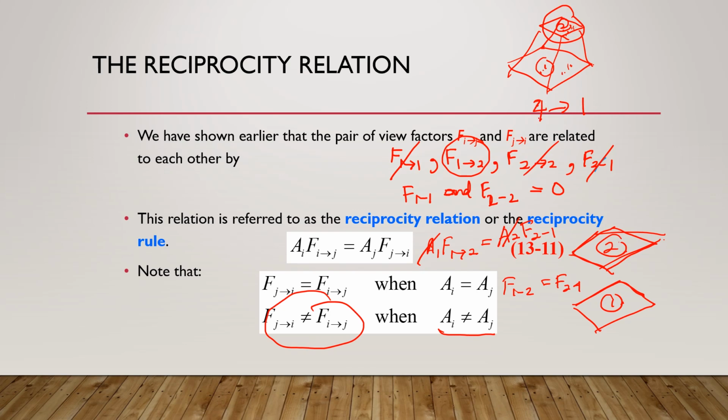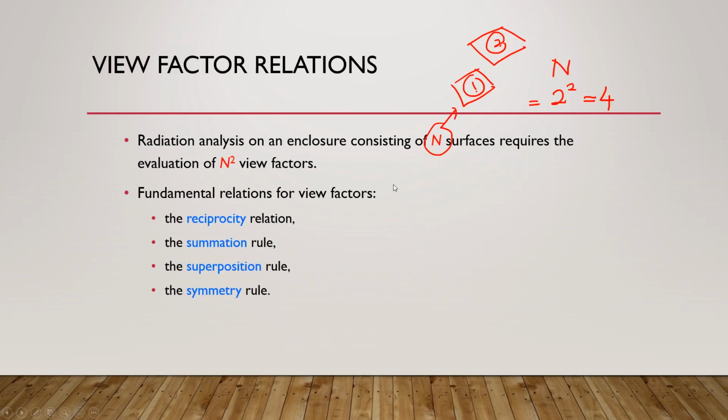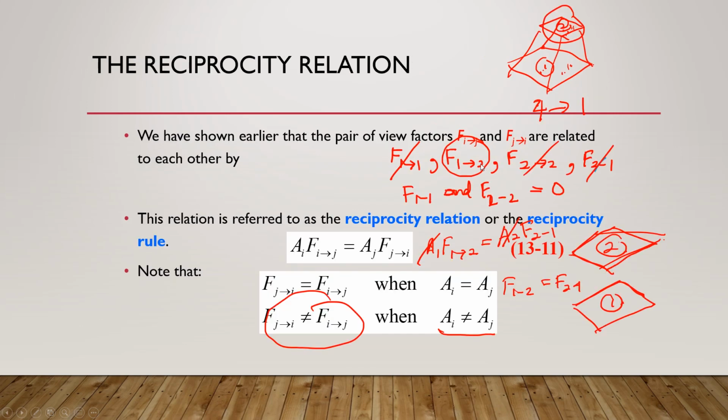You may also reduce by the aid of the summation rule, superposition rule, and symmetry rule. From 4 different view factors, it will reduce to only 1. So, how to find F1 to 2?